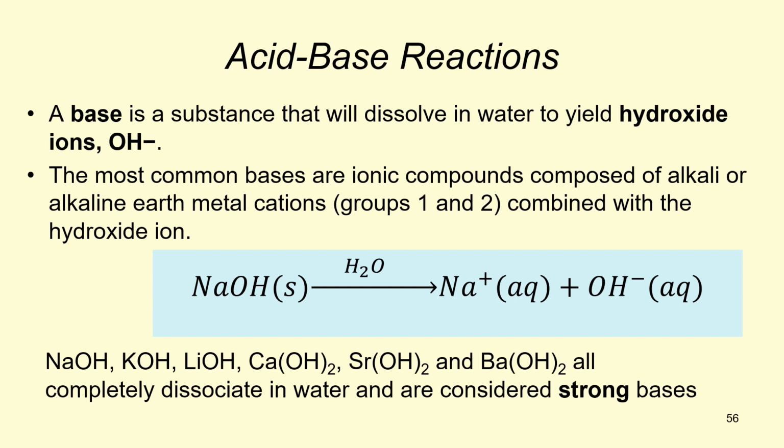Again, they break apart into sodium and hydroxide. What's kind of nice about this is that our solubility rules have already covered hydroxides, and so we know that there are 6 strong bases. They're all the ones that are soluble, meaning that they break up 100%, and so we can remember our strong bases. If there's any other base out there that is not one of these 6, it will be a weak base, and again, they're kept together in terms of ions.